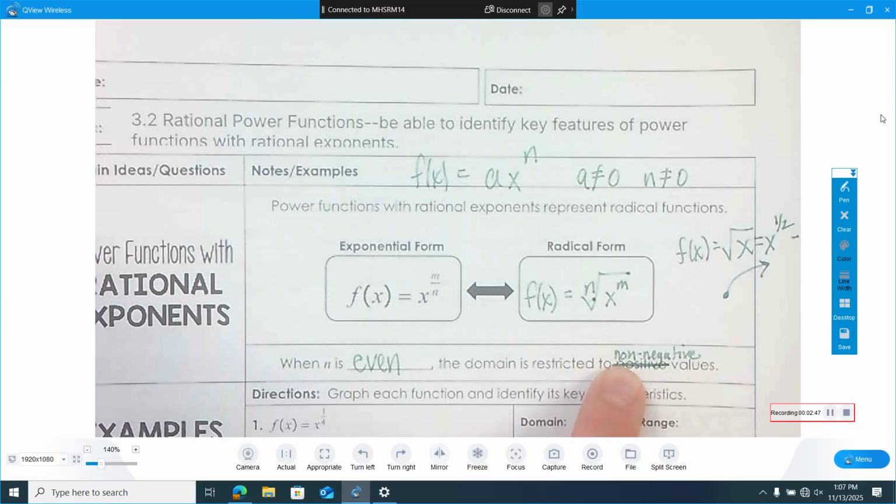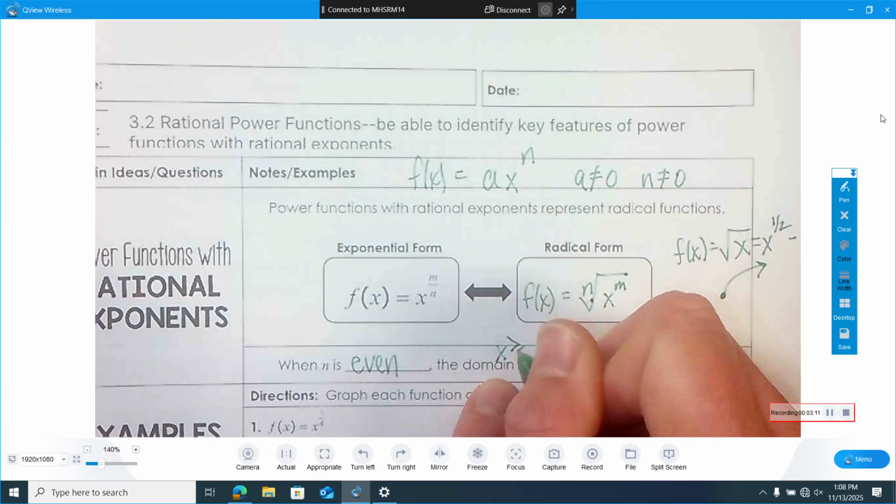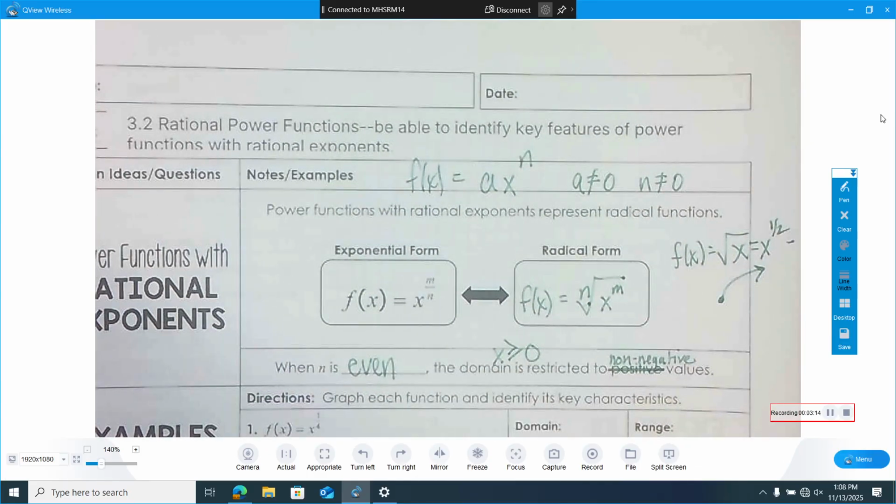Not negative. So the question is, where does 0 fall? Is 0 positive? No. Is 0 negative? No. 0 is neither positive nor negative. So non-negative really means that x can be greater than or equal to 0. None of the negative values, but 0 and positives work just fine.